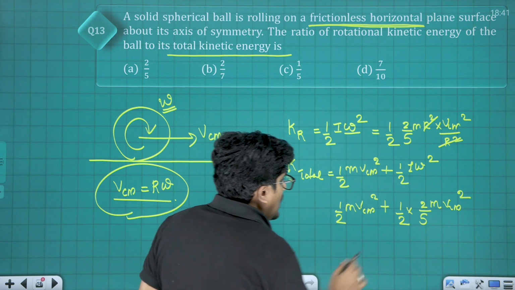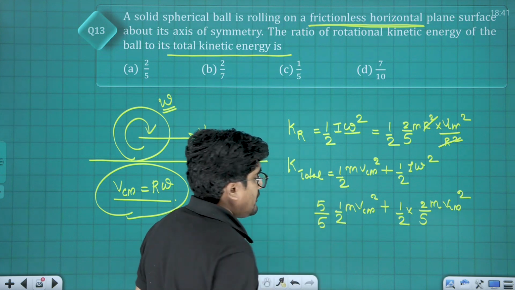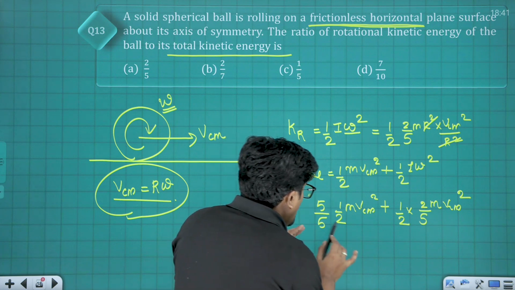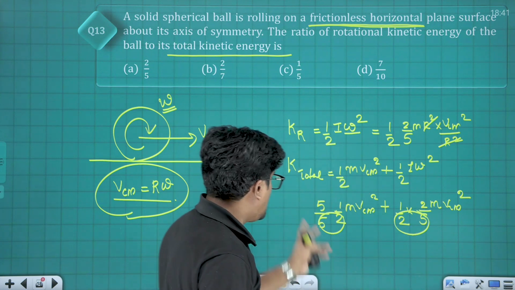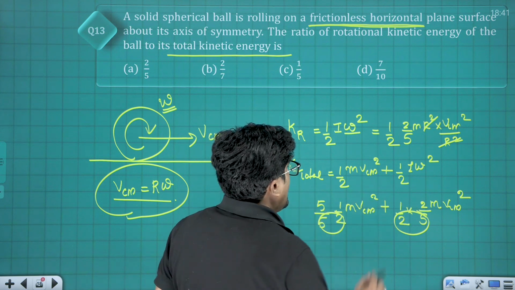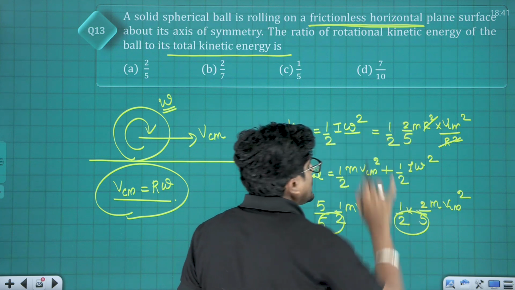Now here you can see, let me multiply with 5 and divide with 5. So in the denominator we have got 10, and in the numerator we have got 7. And in the other denominator we have got 10, and the numerator we have got 2.